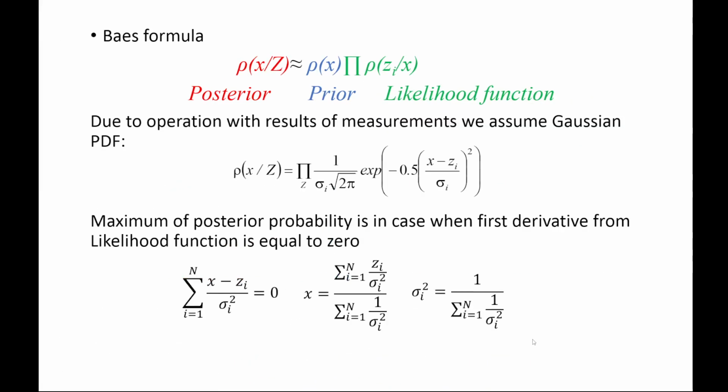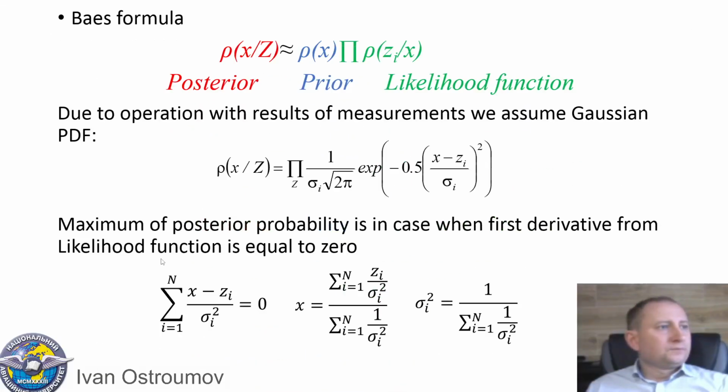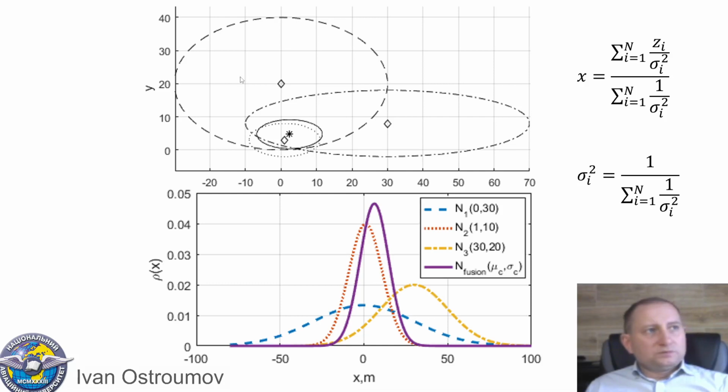That's why these two formulas give us fusion with the minimum error. And also, quite important, I will be glad if you remember it, if we consider two coordinates, which is so common in navigation equipment, because altitude in aircraft is something different, and usually we've got special sensors for altitude measuring.